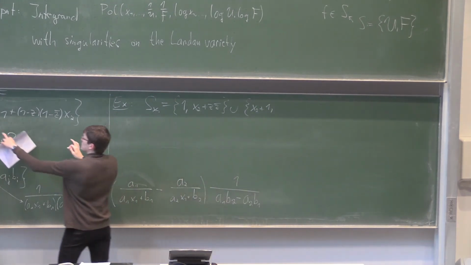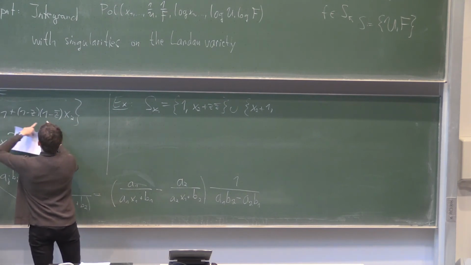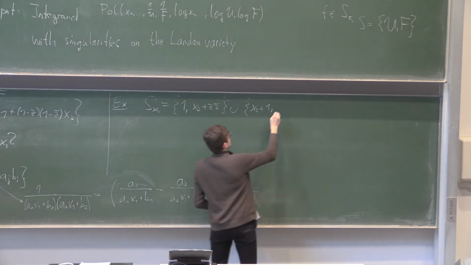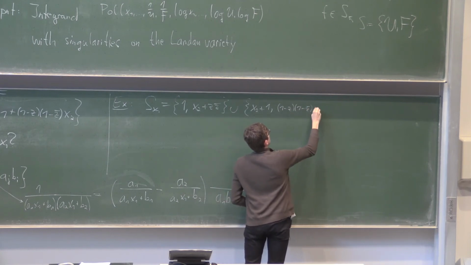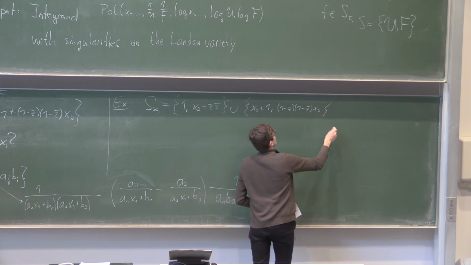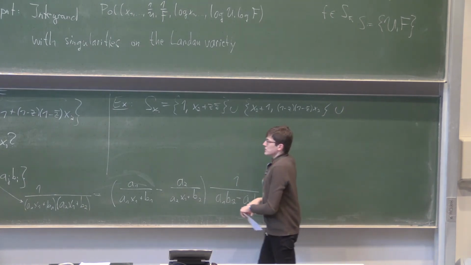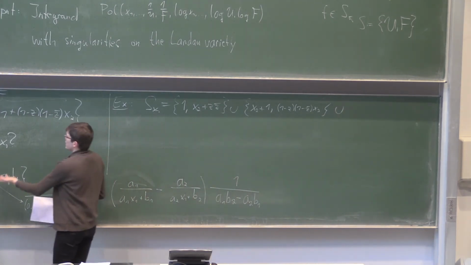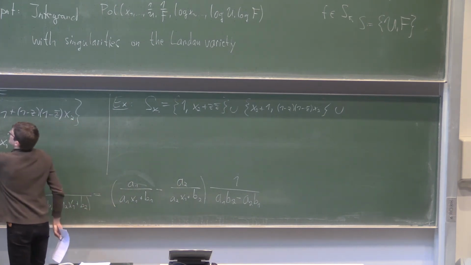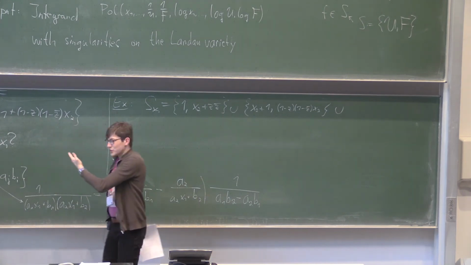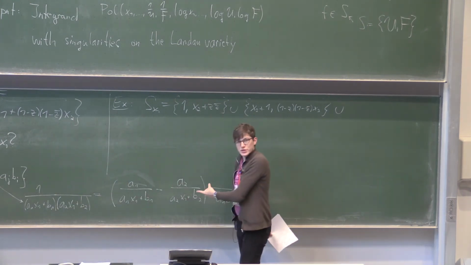And what is the constant part here? If we put x1 to 0, it's just this thing: 1 minus z bar x. And then we have to look at these resultant pairs. But you see, we only have 2 polynomials, so there's only 1 pair to look at. And that's exactly the resultant of u and f. So this is precisely the term that we get from the partial fraction decomposition of the 2.